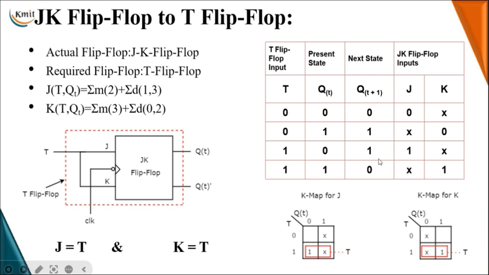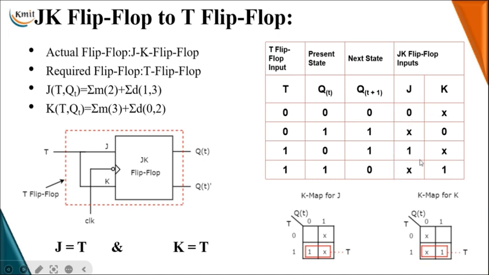Upon drawing this state table, based on the state transition, we can find the JK inputs. From the JK excitation table, a 0 to 0 transition is 0, don't care; 1 to 1 is don't care, 0; 0 to 1 is 1, don't care; and 1 to 0 is don't care, 1. Using the excitation table we can write the JK values.